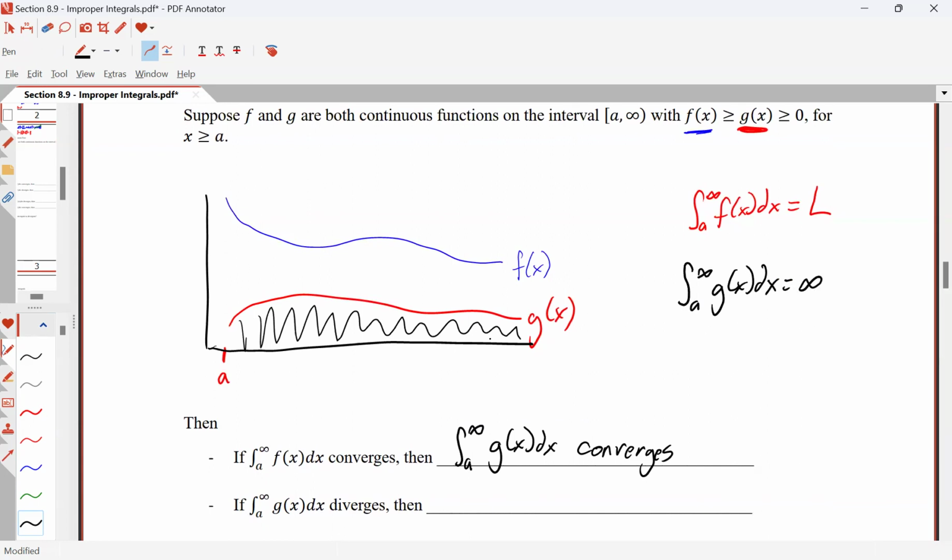Well, if that area is infinite and f of x is adding on more area, then the integral of f of x has to also diverge. So if the small diverges, then the big diverges. And if the big converges, then the small converges.